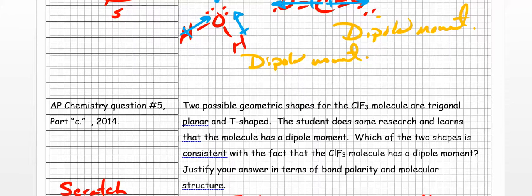Now the student does some research and learns that the molecule has a dipole moment. It says, which of the two shapes is consistent with the fact that the ClF3 molecule has a dipole moment? Justify your answer in terms of bond polarity and molecular structure.